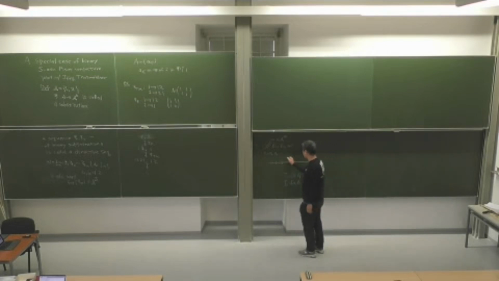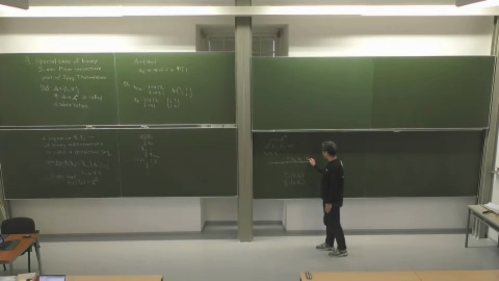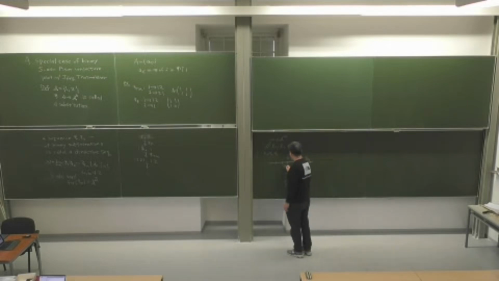So this is the origin, then this is T_{a_0}, and this is a translate of T_{a_1}, and this is a translate of T_{a_2}, like this.